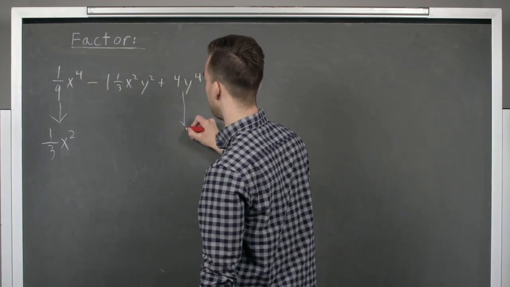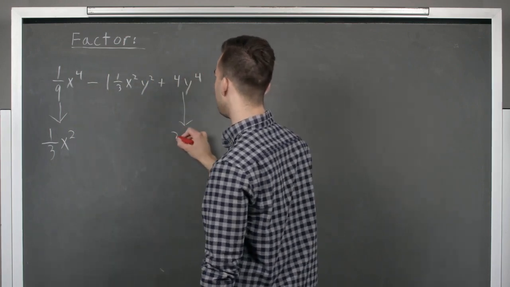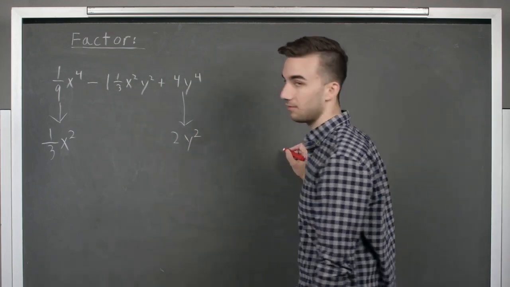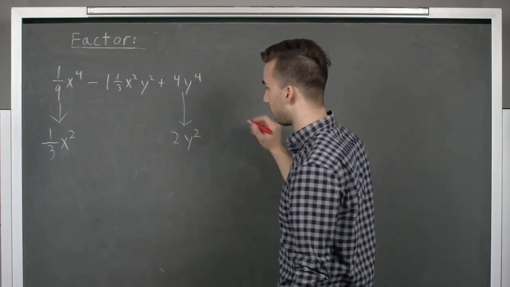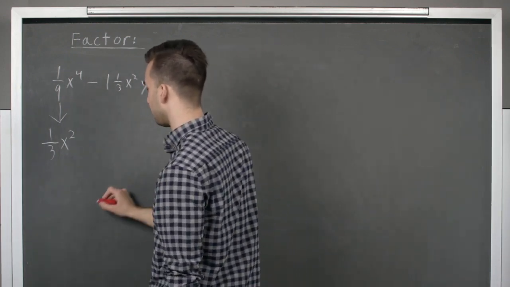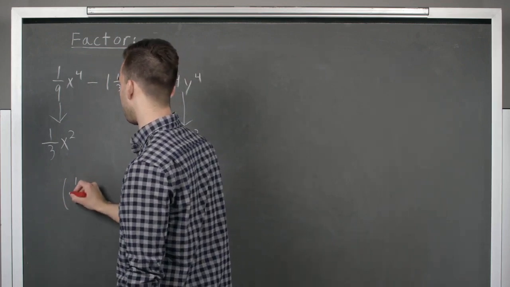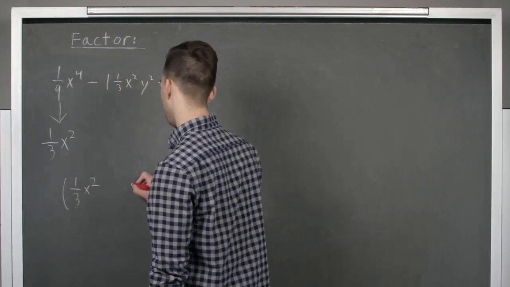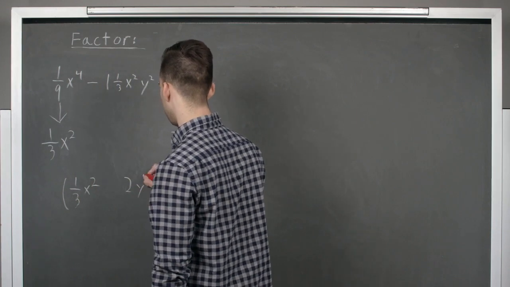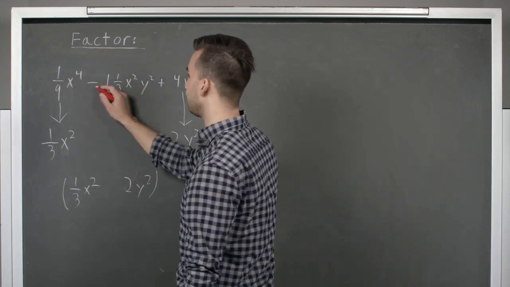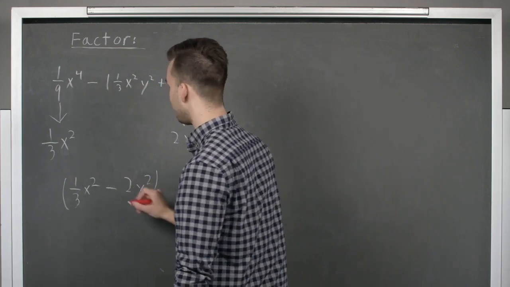Then for our third term, we have 2y squared, because the square root of 4 is 2, and the square root of y to the power of 4 is y squared. Let's write this in factored form: 1 over 3 x squared, and 2y squared, and then we include the sign of the second term, which is minus.